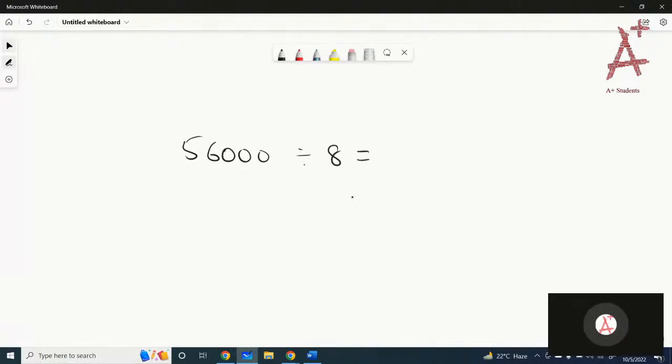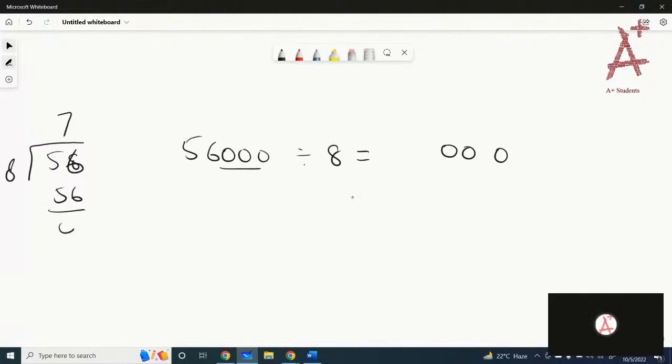You don't have any zero with 8. You just have 3 zeros with 56. That means your answer must have 3 zeros. You have to divide 56 by 8. So 8 times what number is 56? 8 times 7 is 56. Got it? So it would be 7,000.